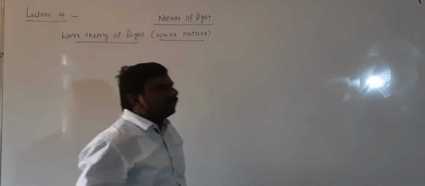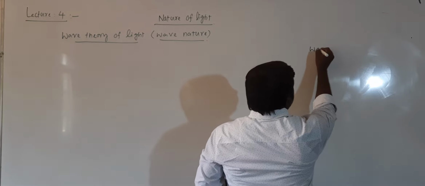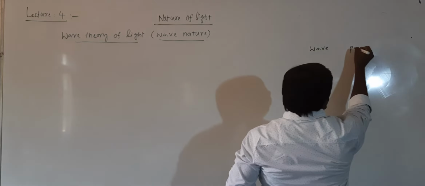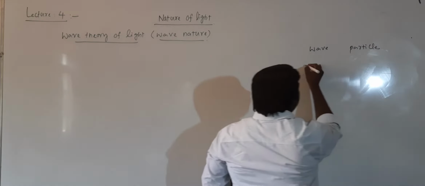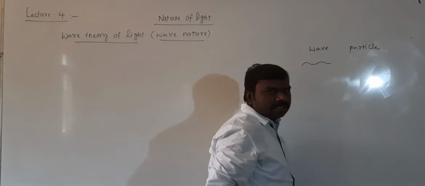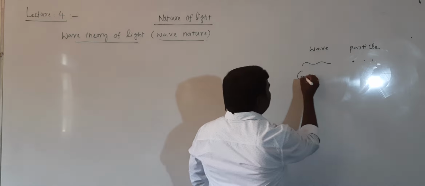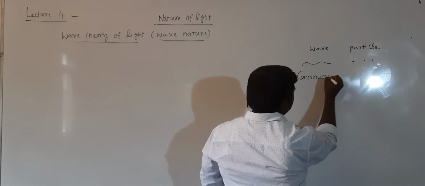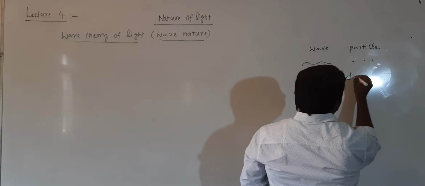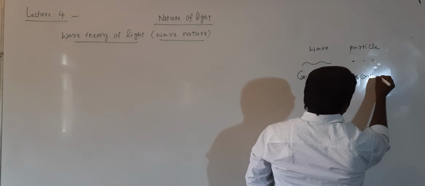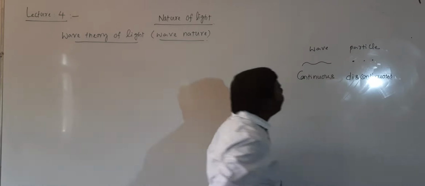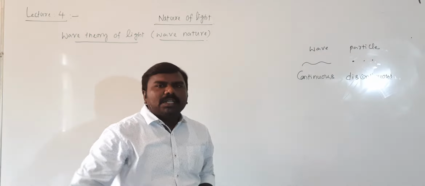One is wave nature, another one is particle nature. Wave means it is continuous. Particle means discontinuous. So now, first of all, what is wave?